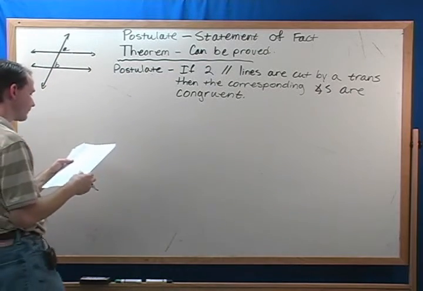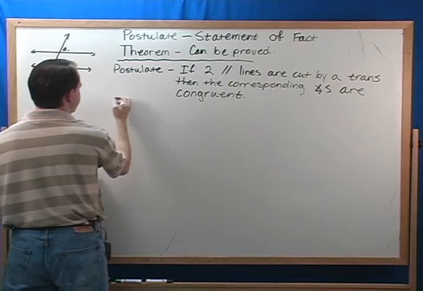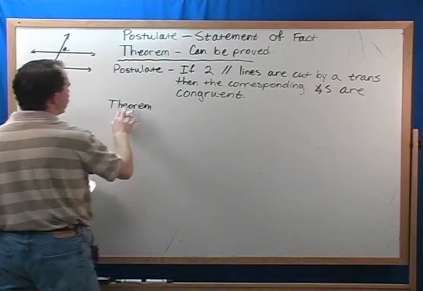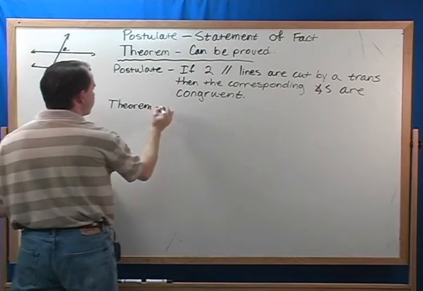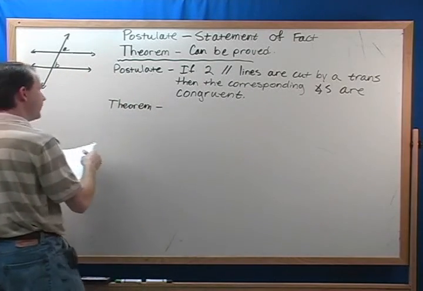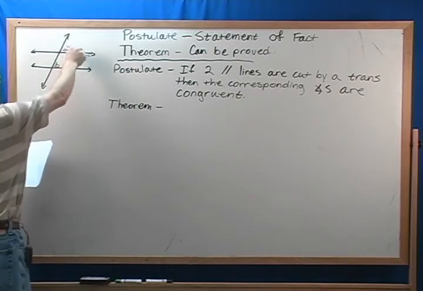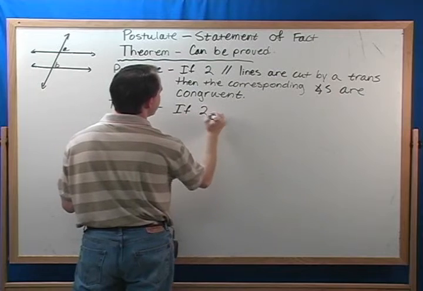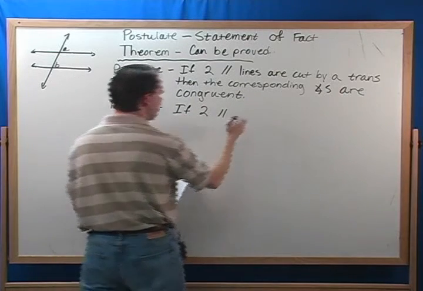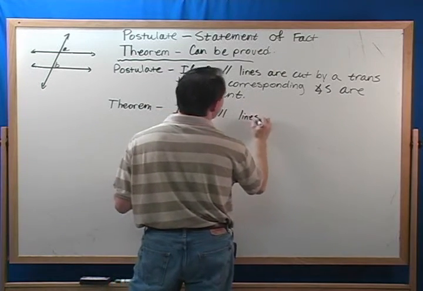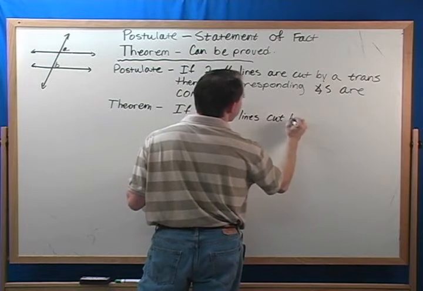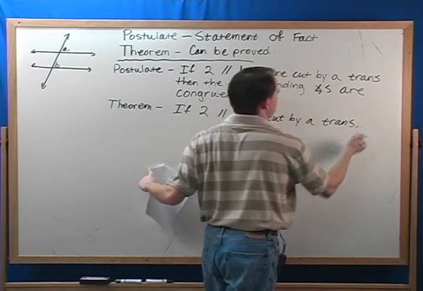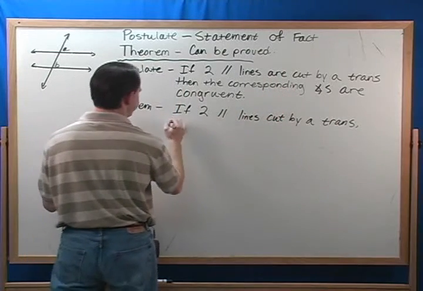Okay? So here is a theorem. Here is a theorem, which is also true, but it's a little bit more provable than the postulate. And we're going to deal with this drawing here, okay? If two parallel lines are cut by a transversal, okay, then, this is the then part.